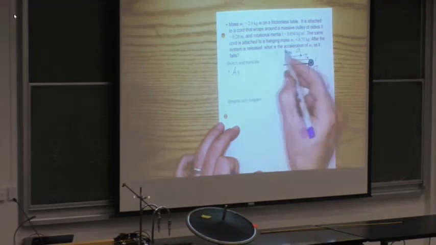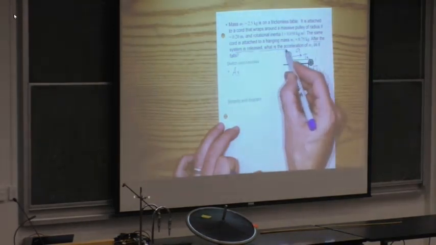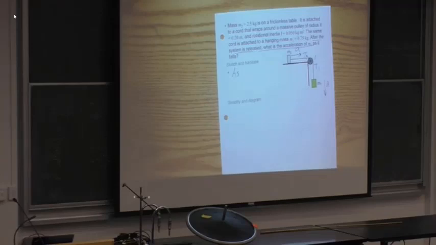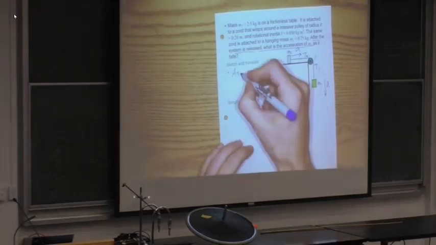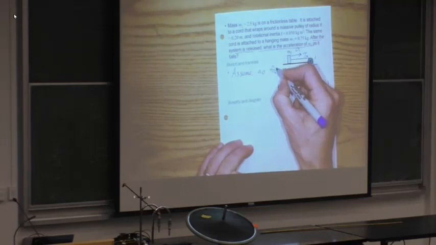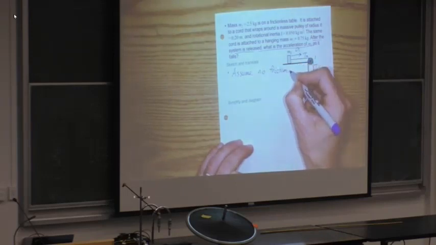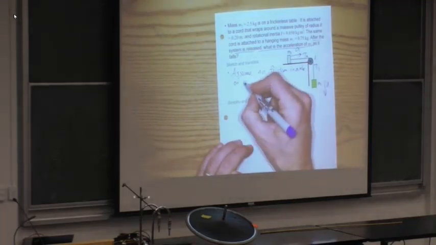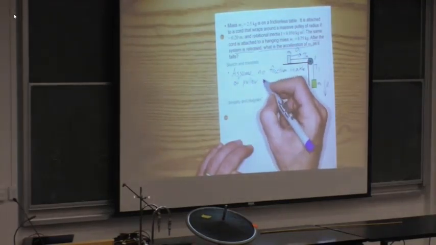The question is, after the system is released, what is the acceleration of M1 as it falls? It's a massive pulley, and it gives you the rotational inertia of the pulley and the radius of the pulley. We're going to assume no friction in the axle of the pulley, meaning that it's a frictionless pulley.